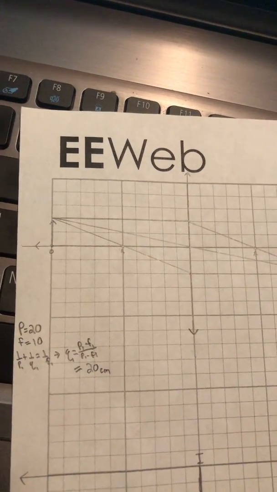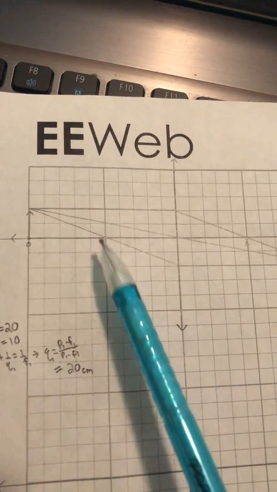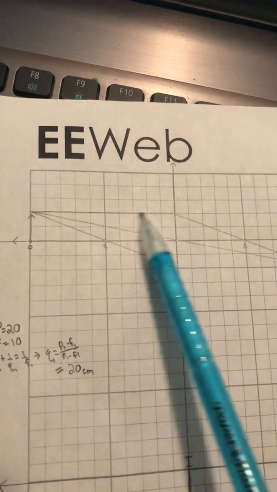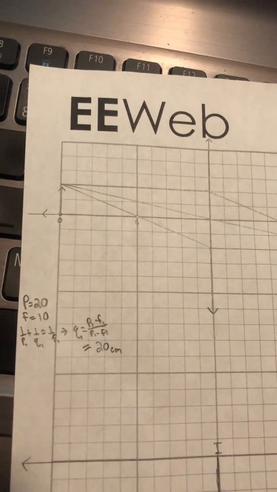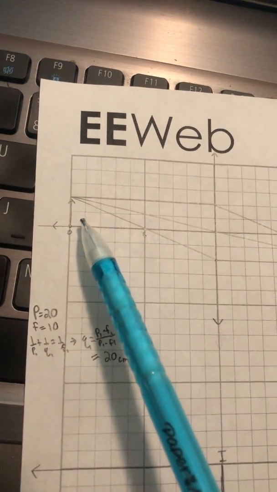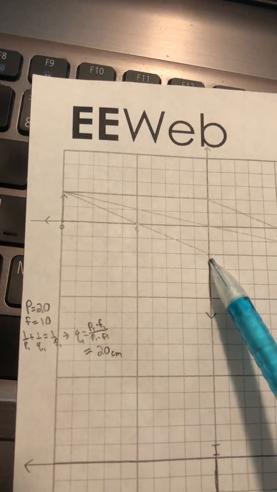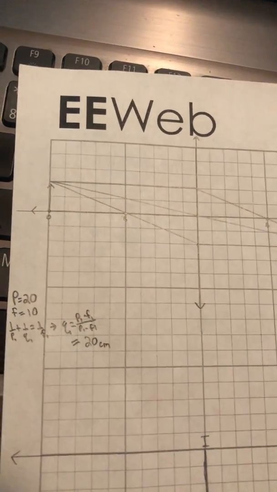The first line I drew was the line that went perpendicular, straight across to the axis, and then through the focal length down that way. My second line went through the focal length to the axis and then perpendicular across.